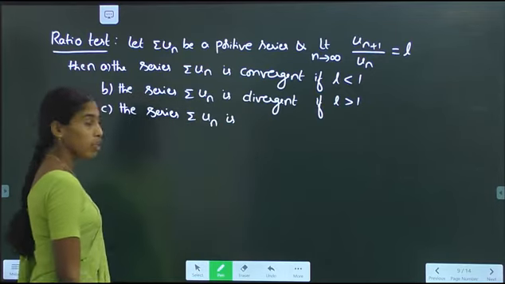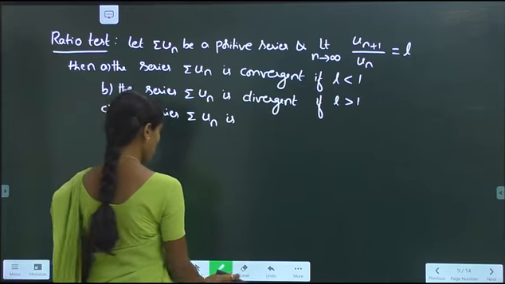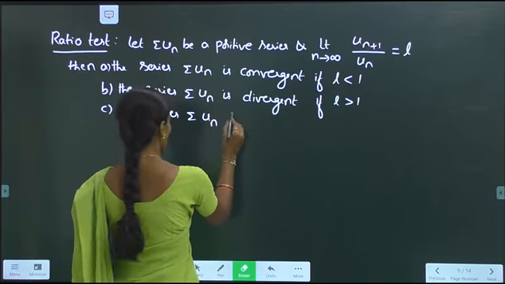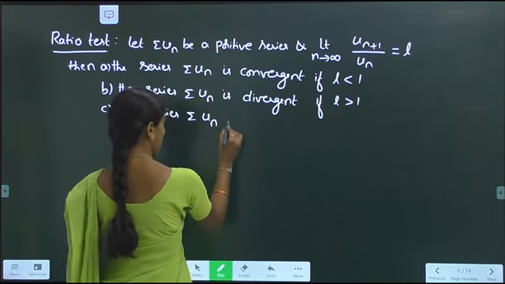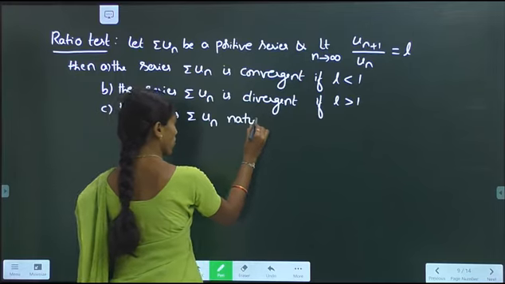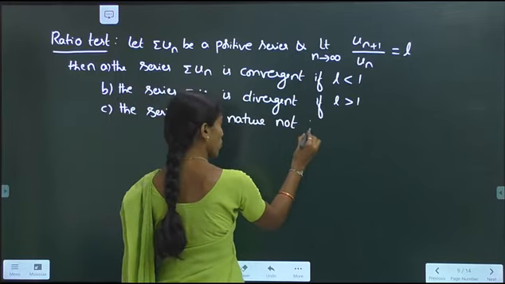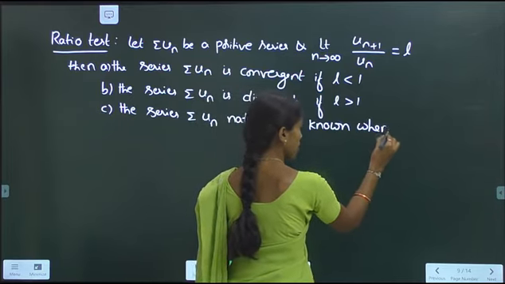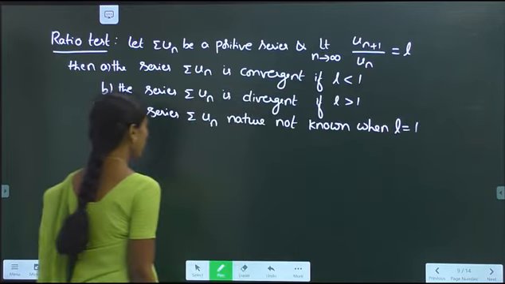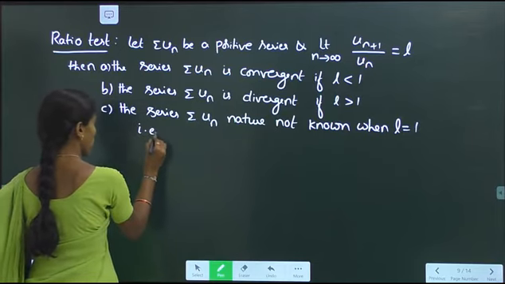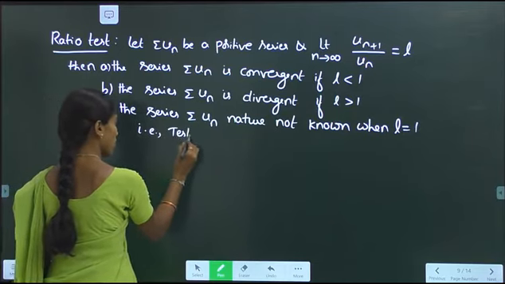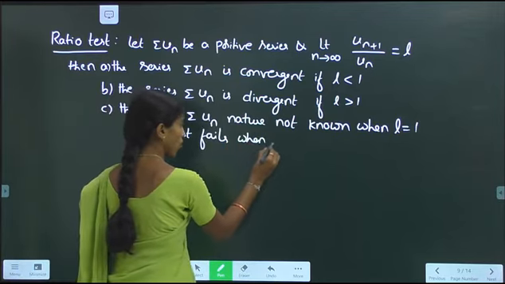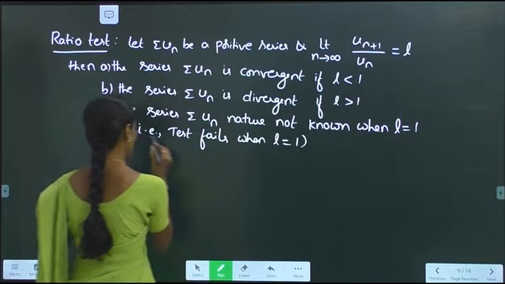The nature of the series sigma un is not known when L is equal to 1, that is, the test fails when L is equal to 1.